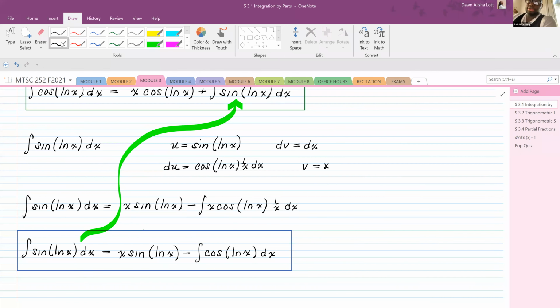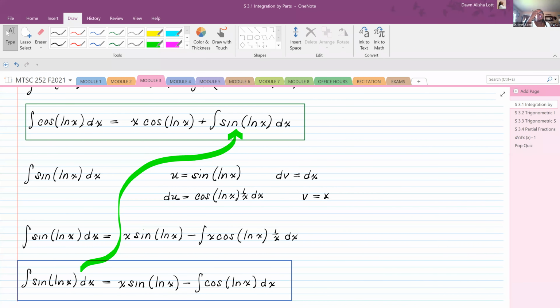Could you repeat that again, Dr. Locke? Okay, so from the first one, we found that the integral of the cosine of the natural log of x dx was in terms of an integral of sine. So we found the integral of the sine. Now we just have to put that back in.